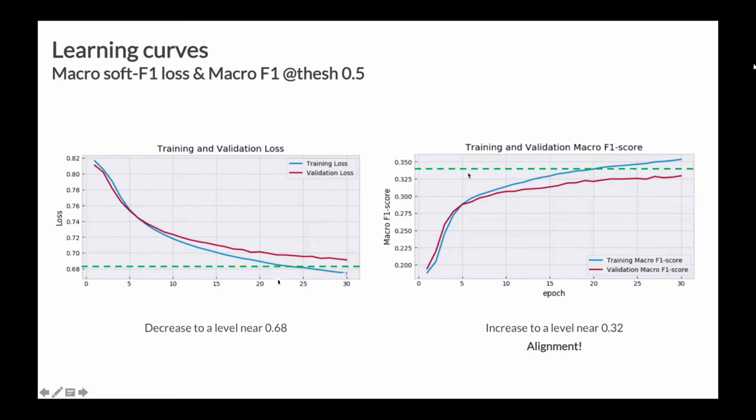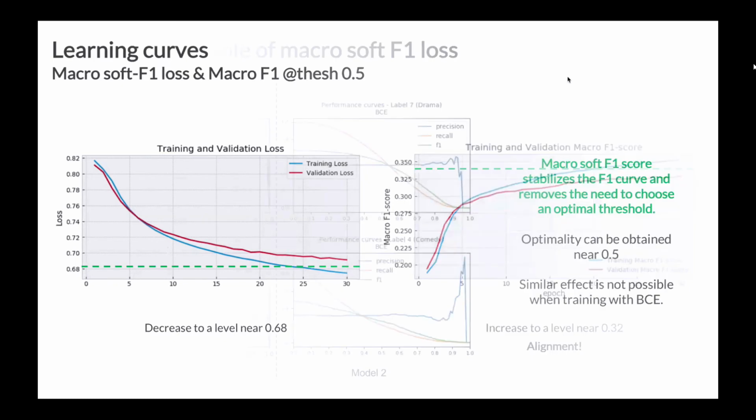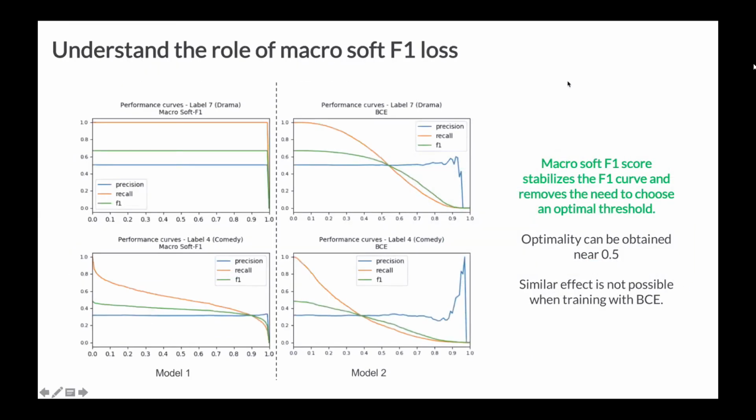These two values almost complement to 1, which may be an indicator that the macro F1 loss we are using is directly optimizing for the macro F1 score at threshold 0.5. So we will see the consequence of this and understand the role of using this loss function.